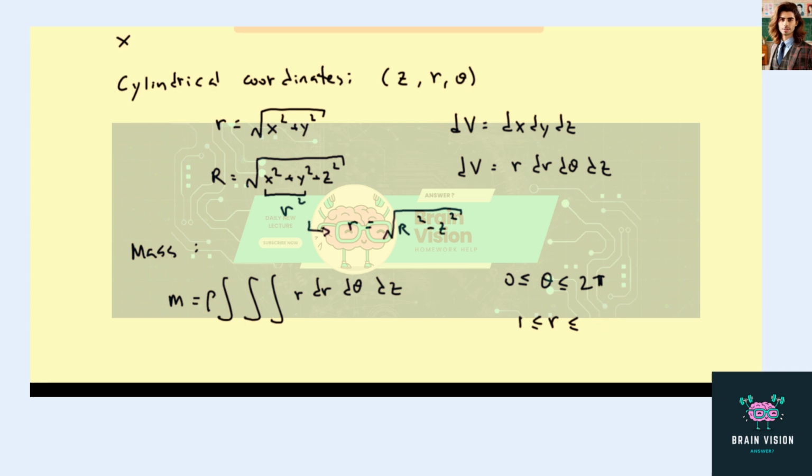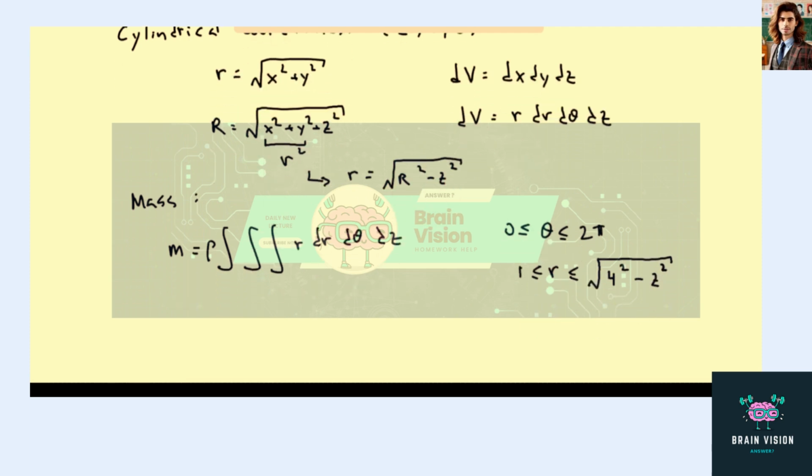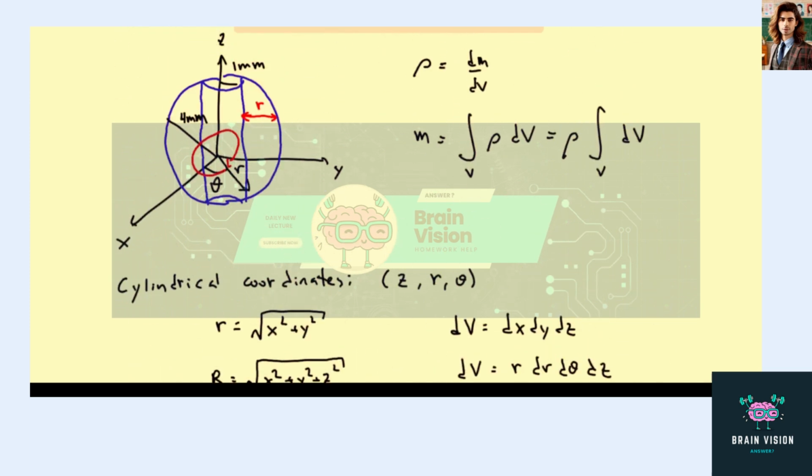So we will have that r will be bounded by the square root of 4 squared, the radius of our sphere, minus z squared. And z will be bounded by the entire height of our sphere, which will vary between plus 4 to minus 4.